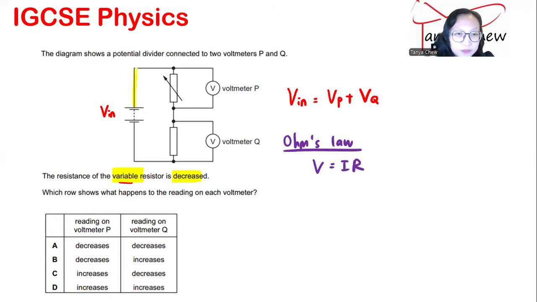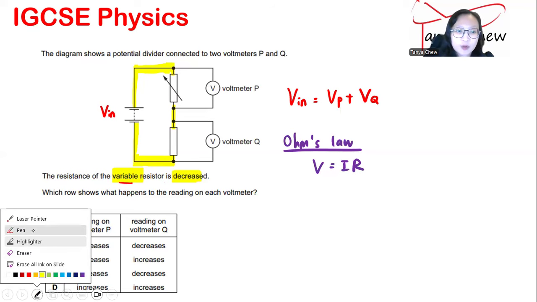The current flowing out from the positive terminal of the V input must flow into the variable resistor, then into the fixed resistor before going back to the negative terminal. The one that I highlighted is called the main circuit.